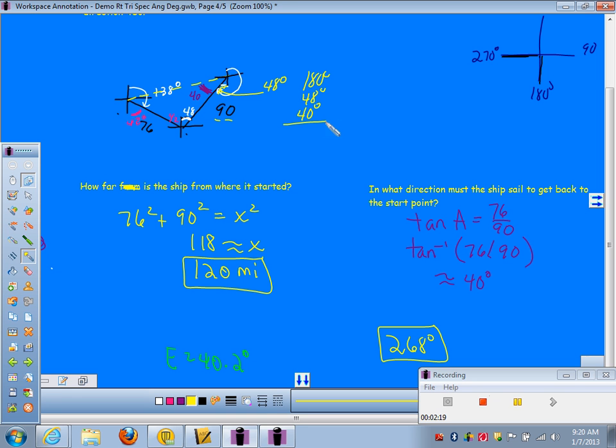If I add all those up, that will give me my total direction, which will give me 268 degrees. So just barely below 270. Almost going straight west, not quite. So in this case, my actual final answer would be 268 degrees, which I didn't realize I had written down here at the bottom of the screen. Obviously, that was left over from another year.